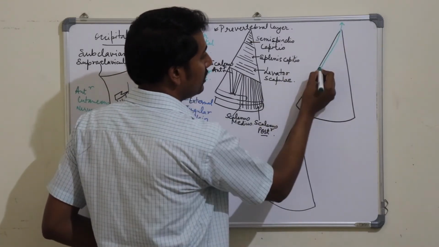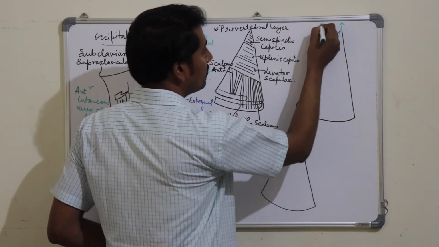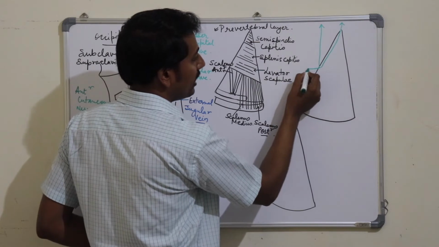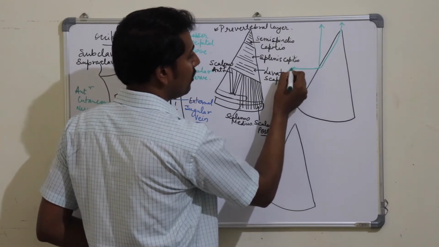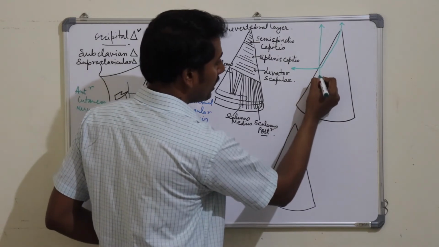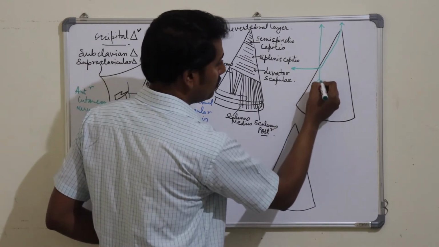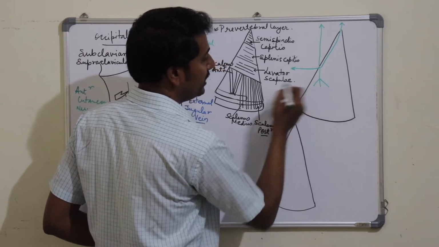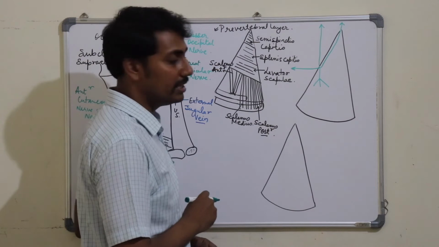The second was the great auricular nerve. The third was the anterior cutaneous nerve of the neck. And the fourth was the supraclavicular nerve, which was dividing into 3 branches: the lateral, intermediate, and the medial supraclavicular nerves.